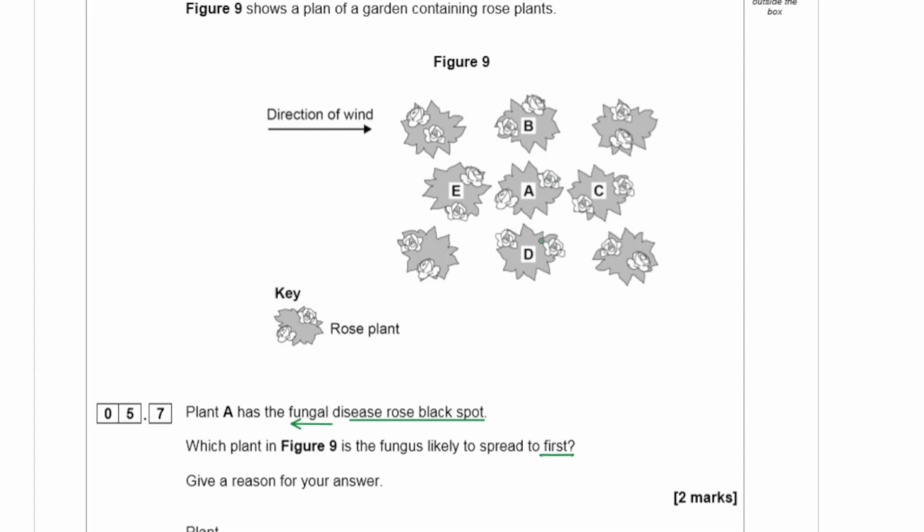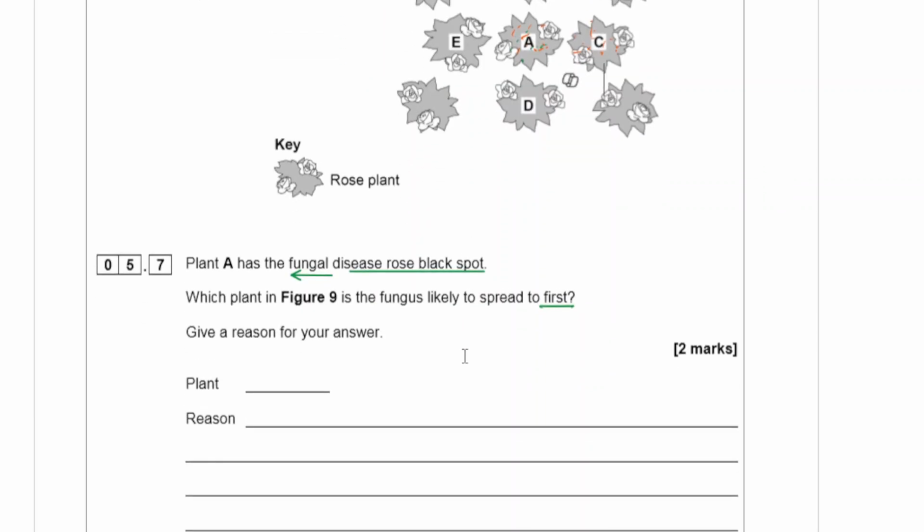Now, fungus is usually spread by wind, right? So if the wind is blowing in this direction, and the fungus is all over A, then it's going to get blown into C first. Give a reason.